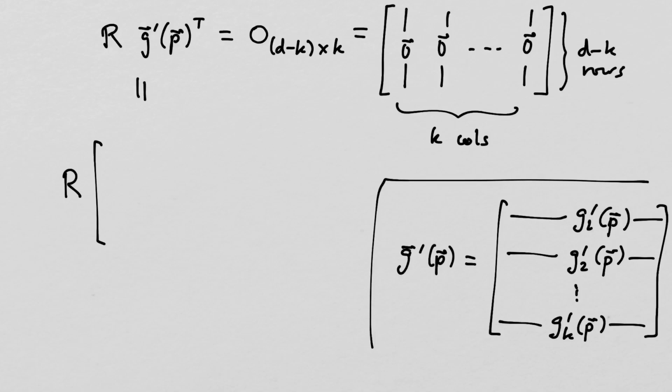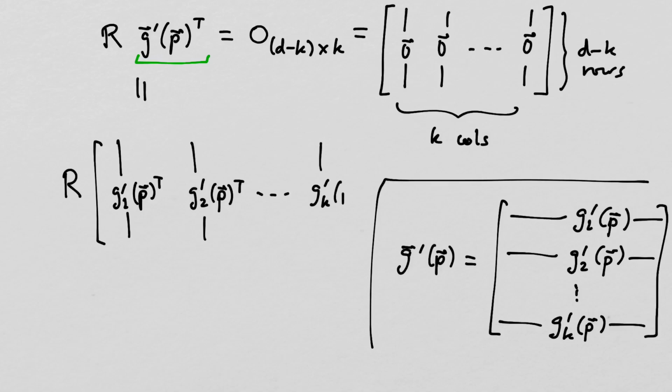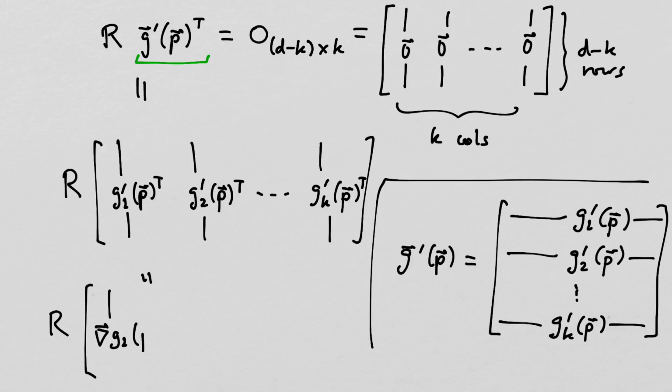But if I take the transpose of all that, which is what I have here precisely, those become columns: g1 prime of p transpose, g2 prime of p transpose. And those are just gradients: the gradient of g1 at p, then the gradient of g2 at p, and then the gradient of gk at p.